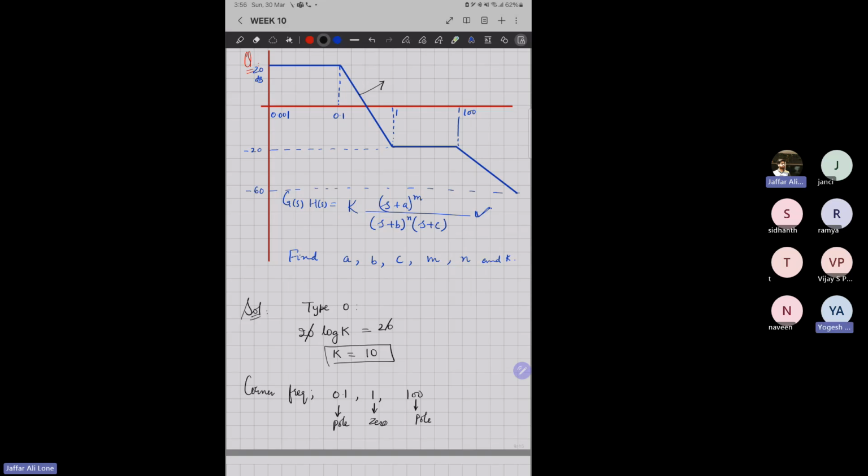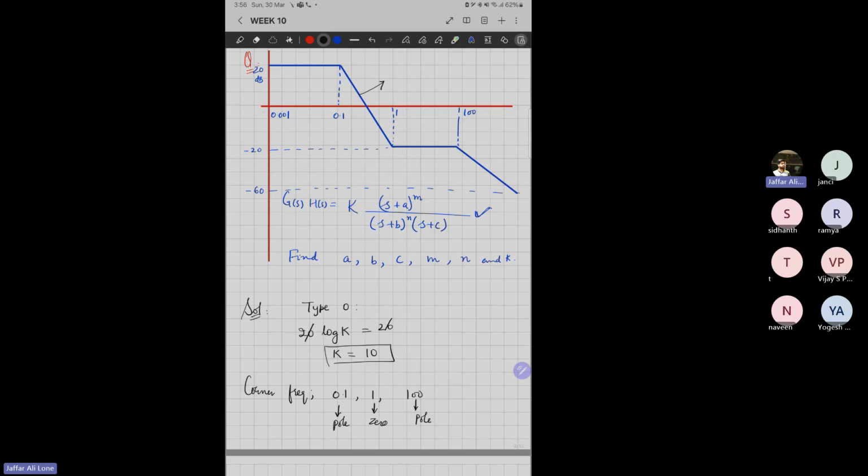From 0.1 to 1 is one decade. The slope goes from 20 to 0, which is 20 dB, then from 0 to minus 20, again 20 dB.